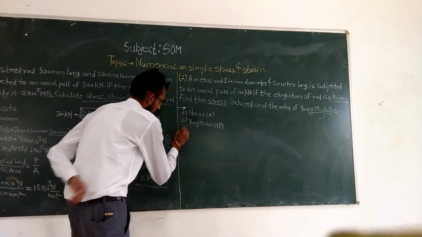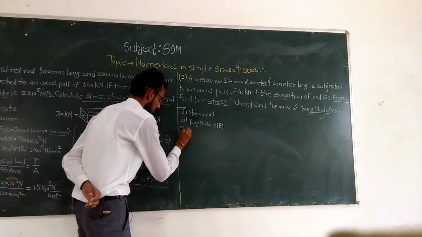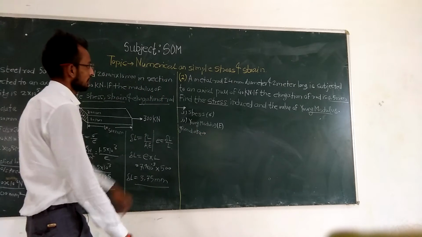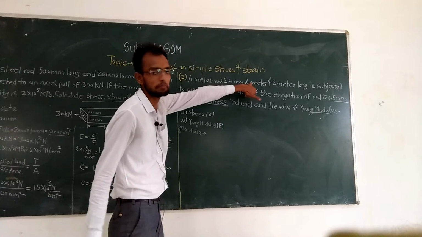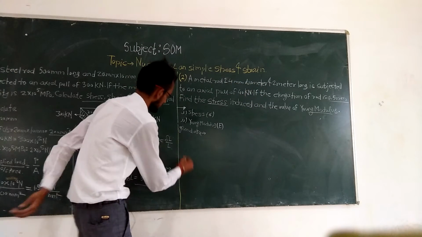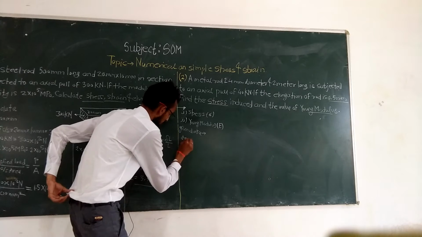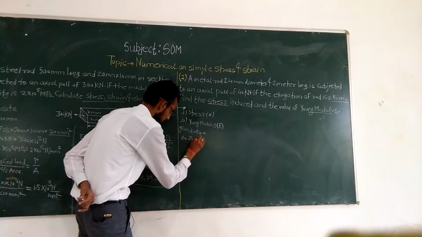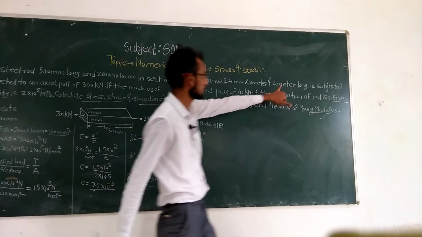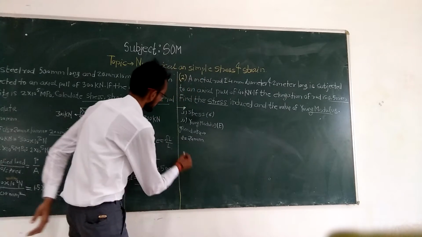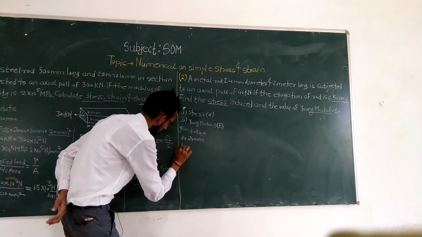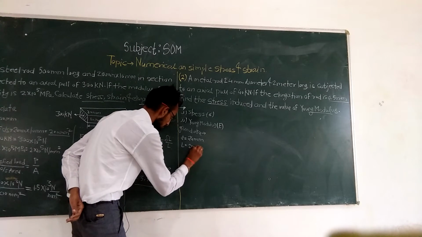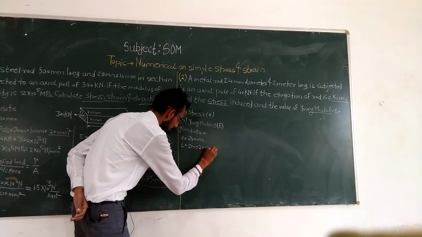So, what is the given data? A metal rod of 24 mm in diameter, so diameter D is equal to 24 mm. The next, 2 meter long, so length of the rod is 2 meter, which means 2000 mm.